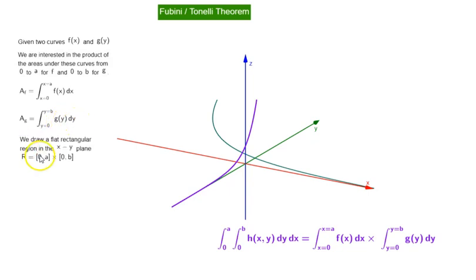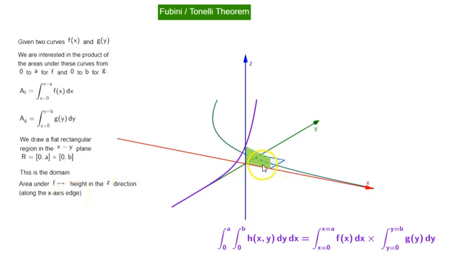The first step is we draw a flat rectangular region in the xy plane. The rectangle will be a by b. Okay, so let's draw that rectangle. This area we are going to treat as the domain. Now area under f within this interval maps to the height in the z direction along the x-axis edge.